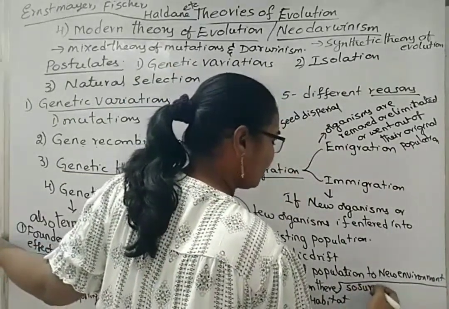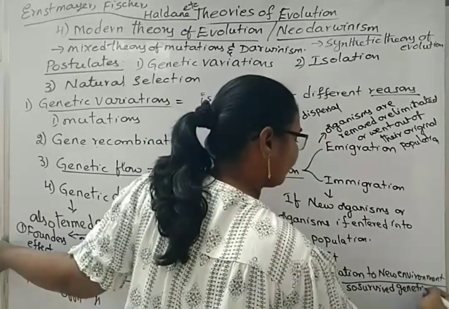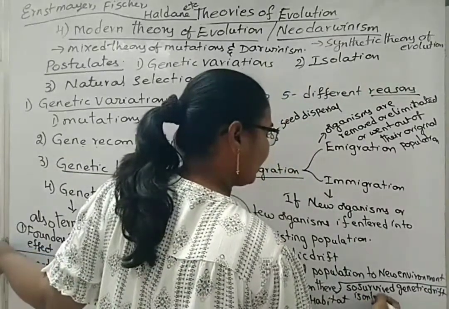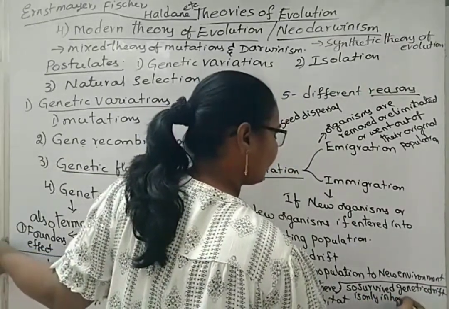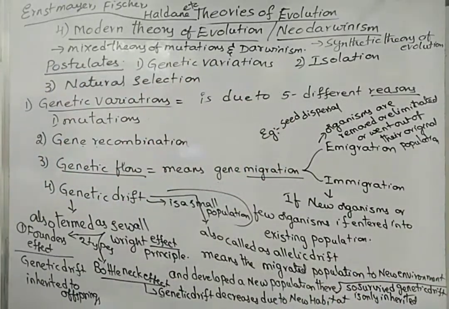So, survived genetic drift is only inherited to the next generation. Next we will see about non-random mating, the fifth reason.